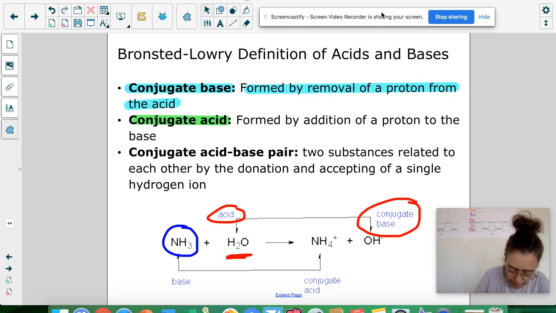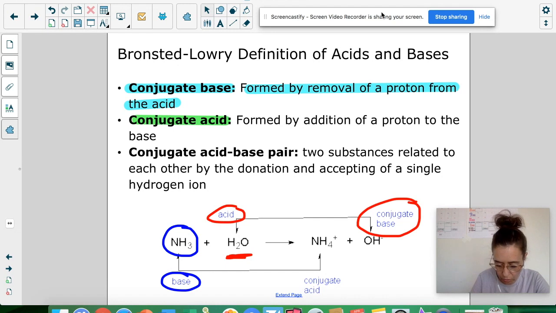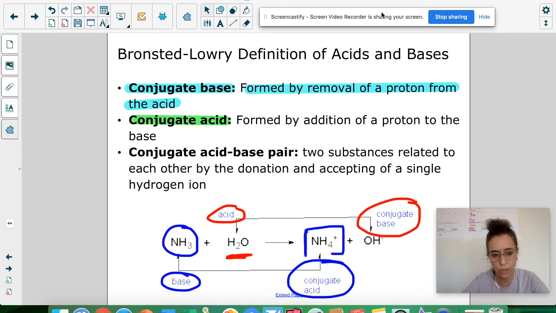When the base takes a proton, it becomes the conjugate acid. So the conjugate acid of that base is going to be the NH4. Okay? So again, when the acid loses the proton, it becomes its conjugate base. And when the base takes the proton, it becomes its conjugate acid.